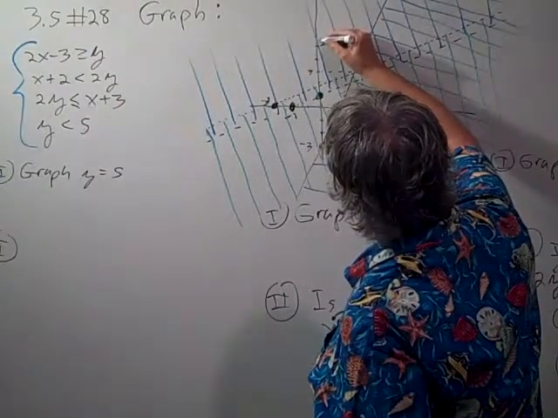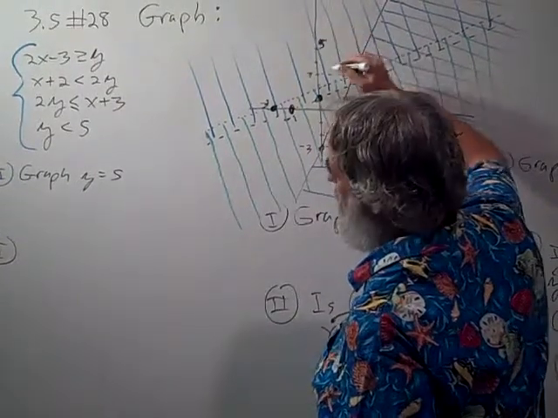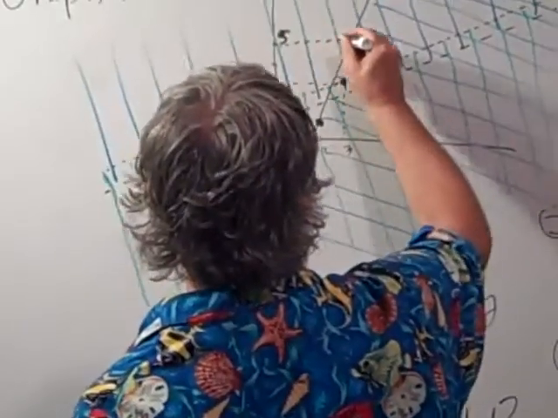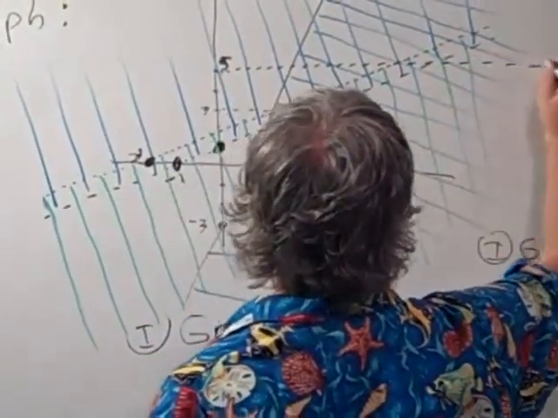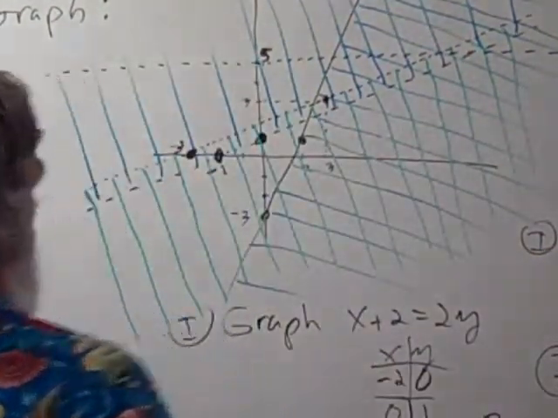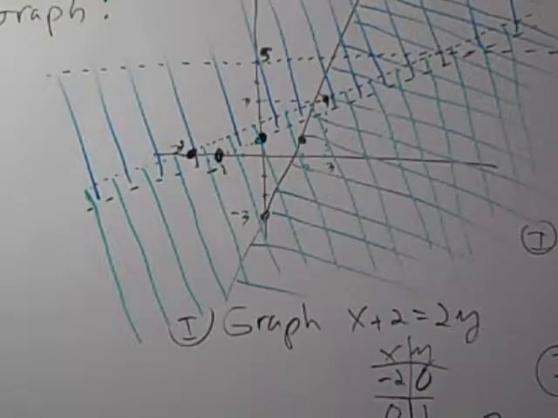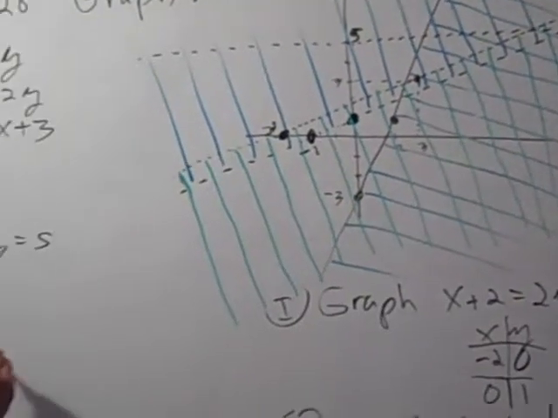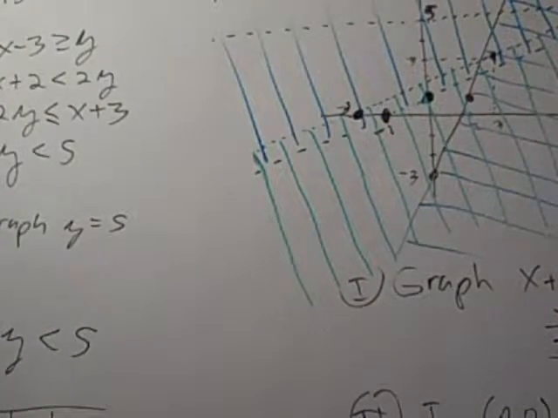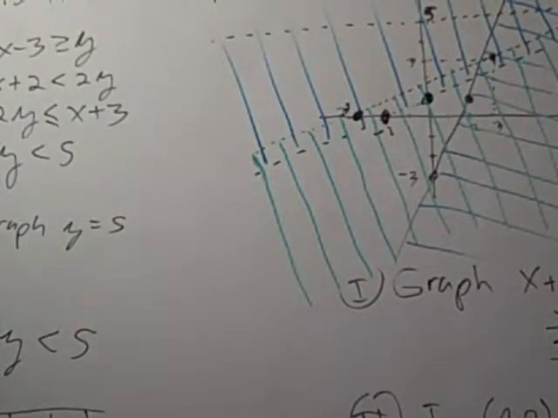And this is going to be a dashed line. So we have a horizontal line through 5 here. We decide which side of that line to shade, but it's y is smaller than 5. That's the down side of the line because y is smaller than means it's below.